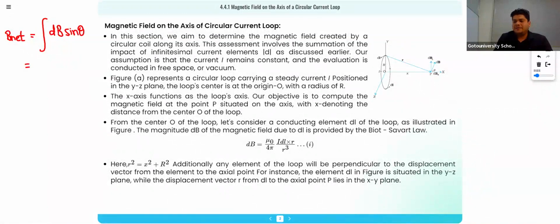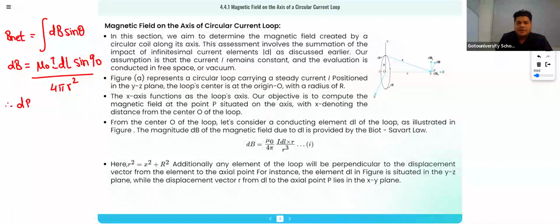And what is dB? dB is mu naught I dl sin 90 over 4 pi r square. And sin 90 is 1.